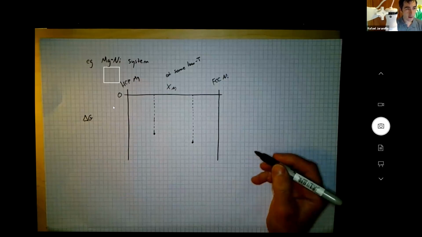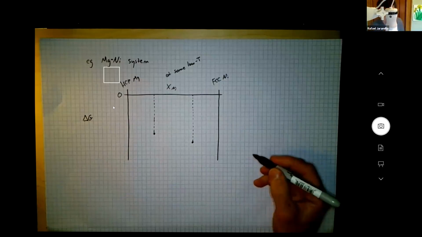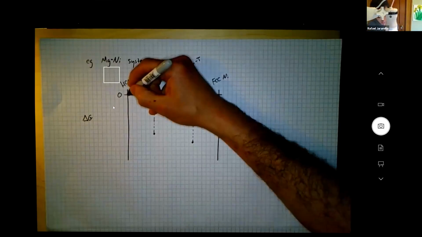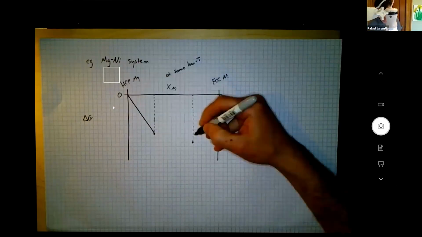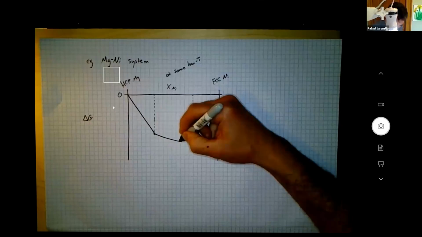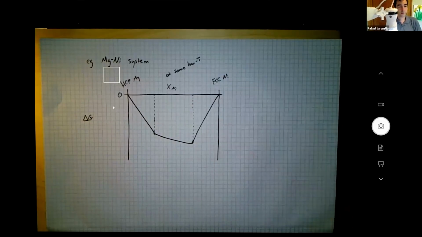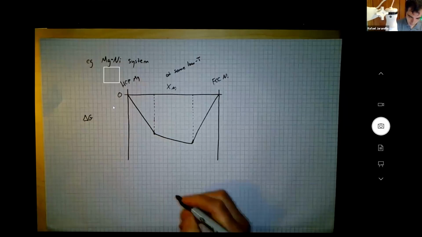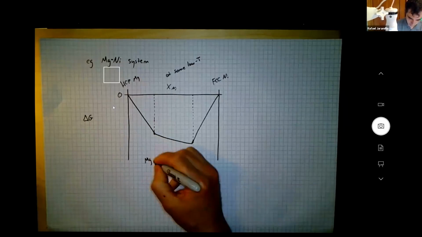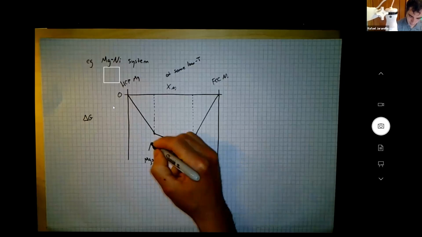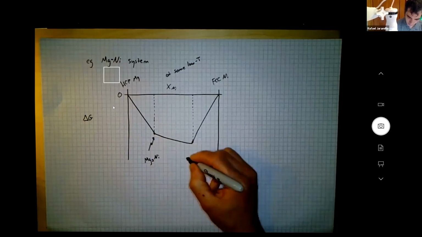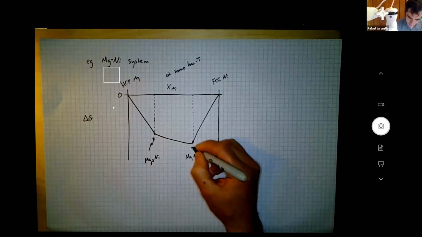And my taut rope construction, or common tangent construction, ends up being just a series of straight lines. This is magnesium 2 nickel. This is magnesium nickel 2.